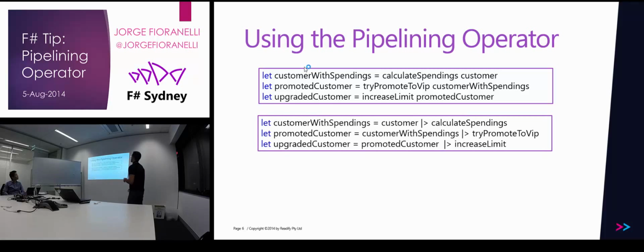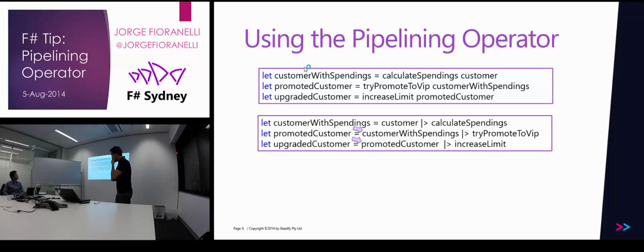Another way in which you could write this is using the pipelining operator and swapping the order, because now the customer is going to be sent as the last argument, and the same thing with this one, and it will look like this. But now it is the customer that is sent to this function.